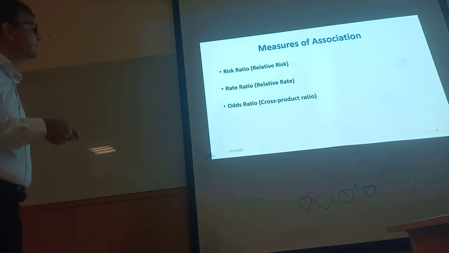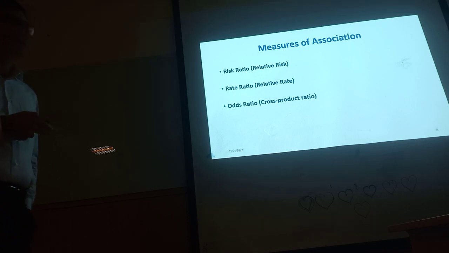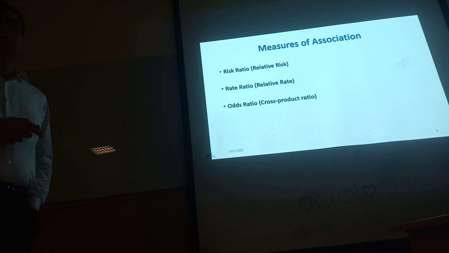So these are measures of association: risk ratio or relative risk, rate ratio or relative rate, odds ratio or relative odds, or cross product ratio.